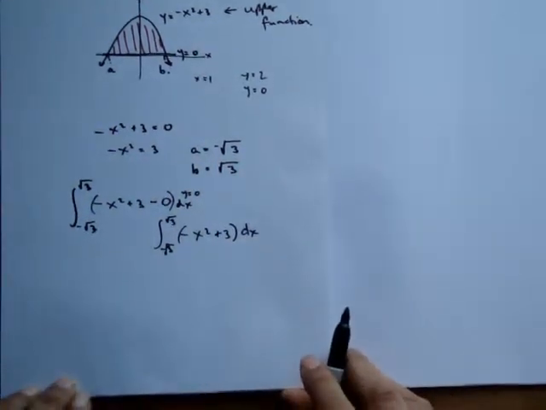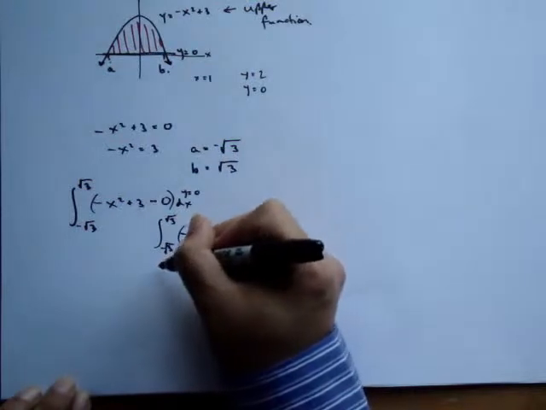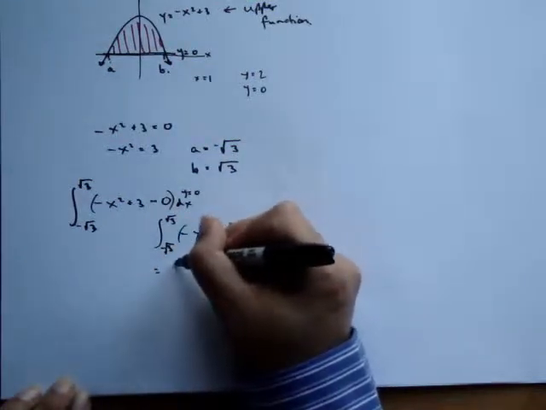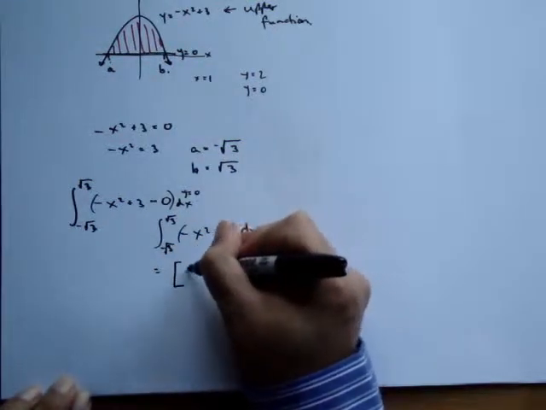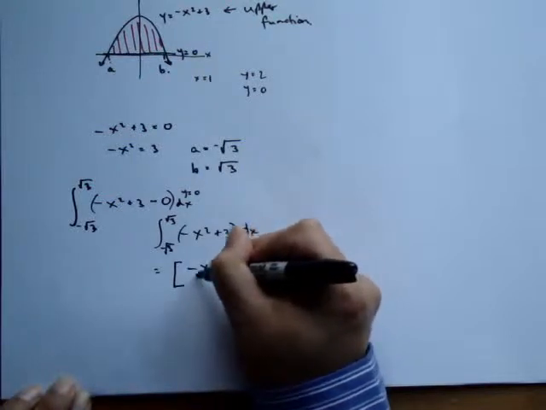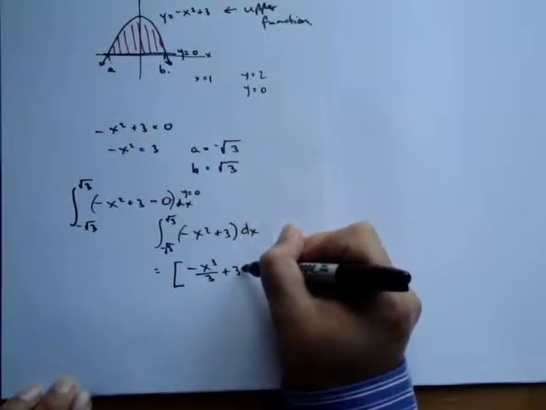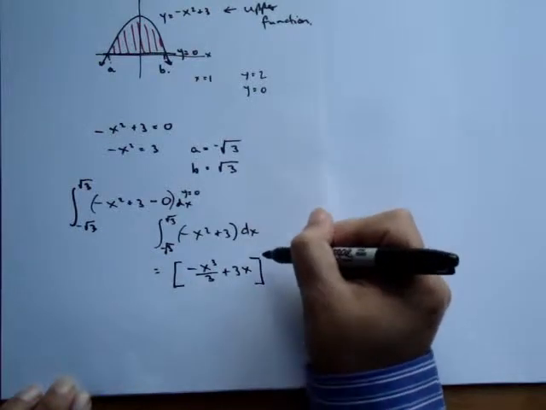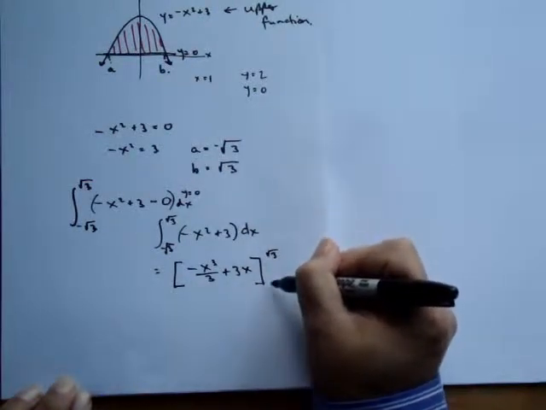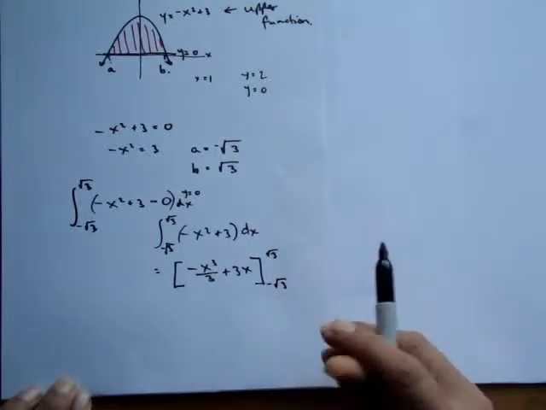And when we do this, this equals minus x to the power 3 over 3 plus 3x between minus square root of 3 and square root of 3.